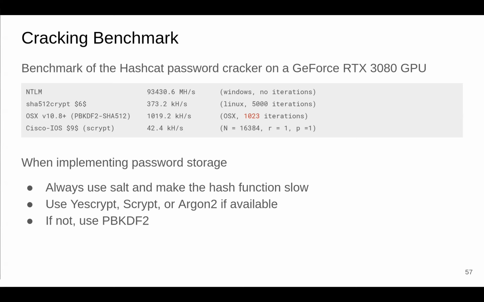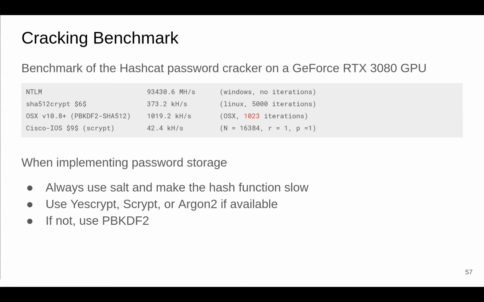OS X, 1,000 kilo hashes. Cisco with scrypt has like 40 kilo hashes per second, which shows you a bit of the differences in systems. So it's like an order of magnitude better than the current SHA-512 configuration on this somewhat powerful hardware.